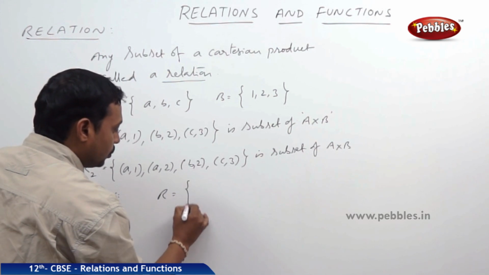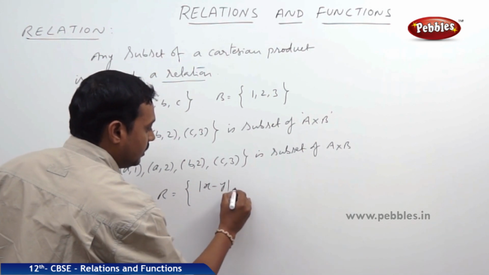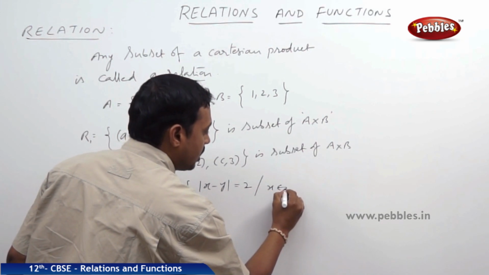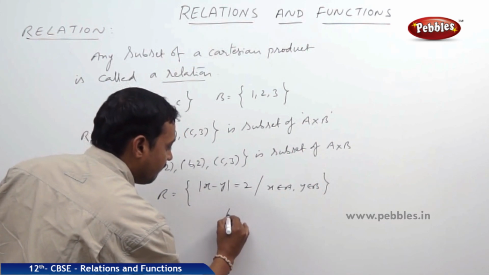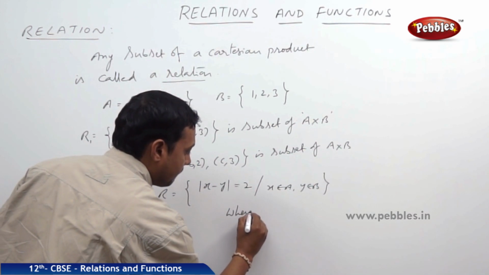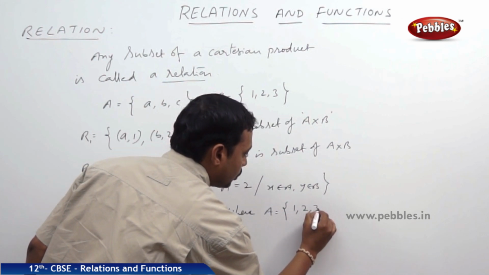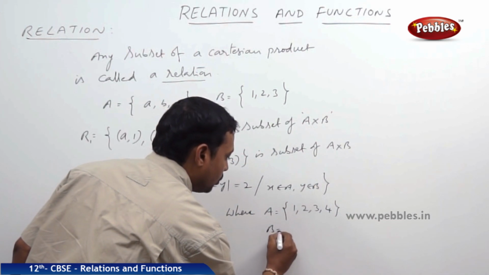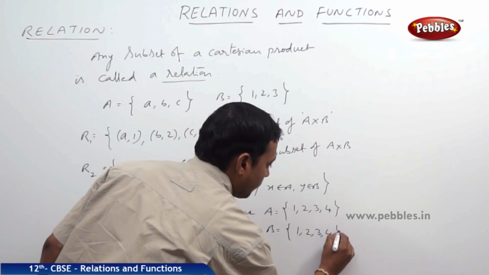Let R be equal to modulus of x minus y is equal to 2, for some x belongs to A, y belongs to B, where A is equal to {1, 2, 3, 4} and B is again the same set {1, 2, 3, 4}.